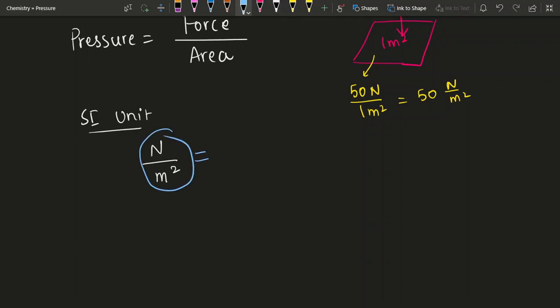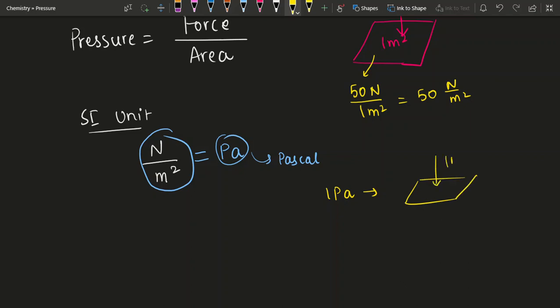This is also known as a Pascal, named after the scientist Blaise Pascal. The Pascal is the SI unit for pressure, and 1 Pascal signifies a force of 1 newton being applied on an area of 1 meter squared.